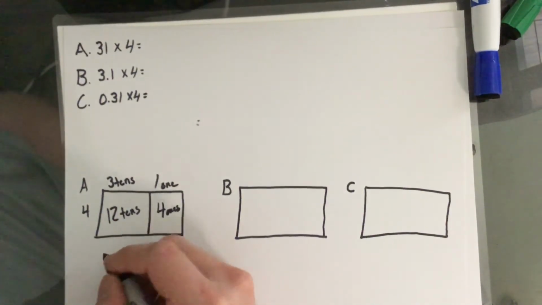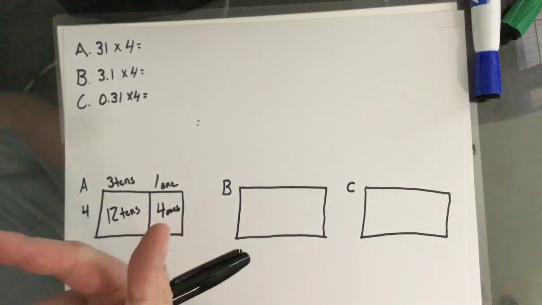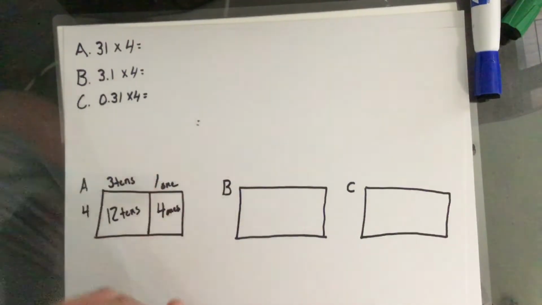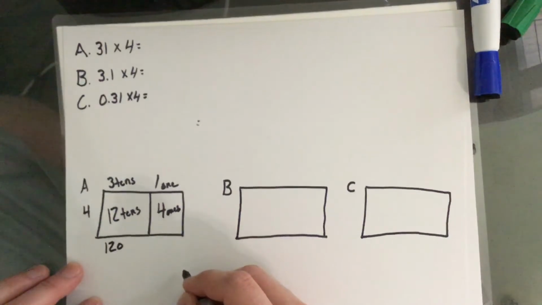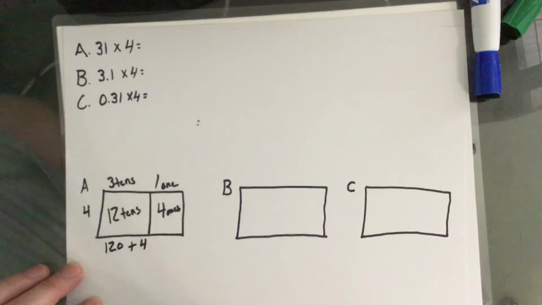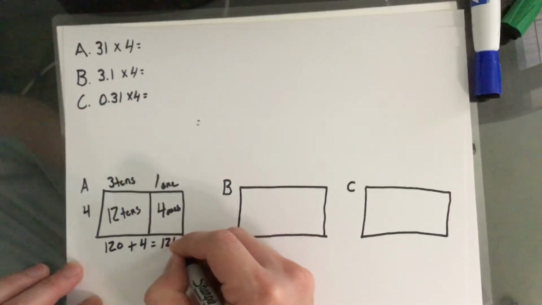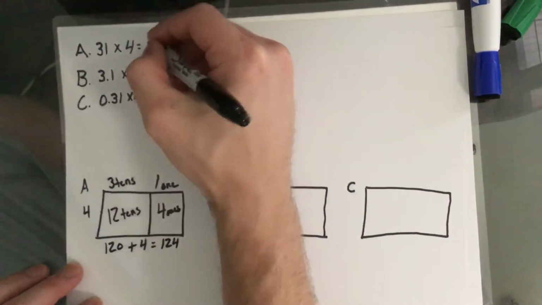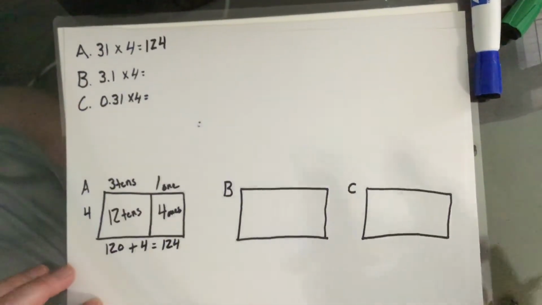Well, 12 tens, if I count by tens, 10, 20, 30, 40, 50, 60, 70, 80, 90, 100, 110, 120. That's equivalent to 120. And I'm going to add to that 4 ones, which would give me a total of 124. So for A, my answer is 124.